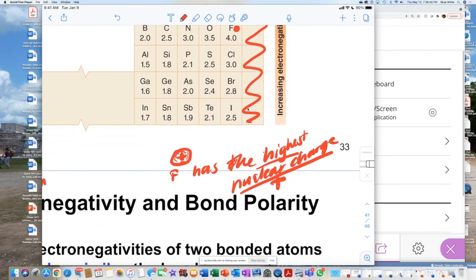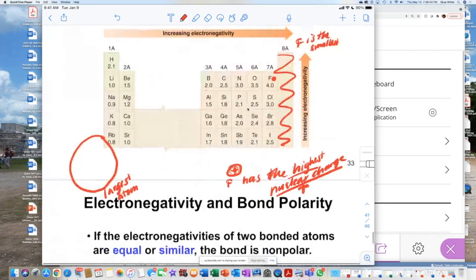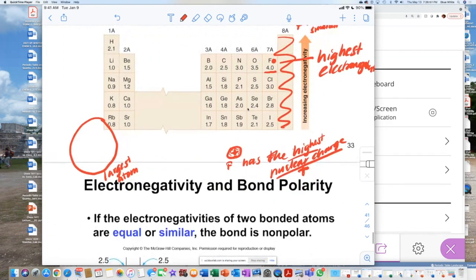So it pulls its own electrons and pulls in any other electrons close to it. For that reason, fluorine has the number 4.0, which is the highest electronegativity.